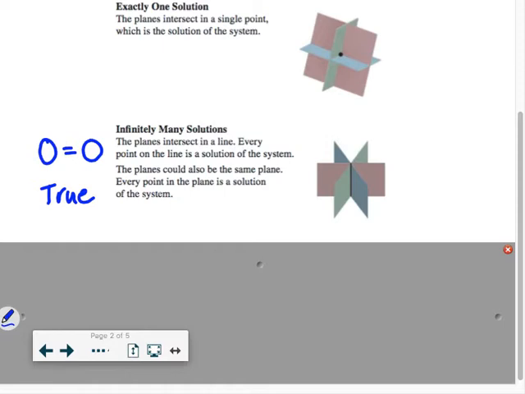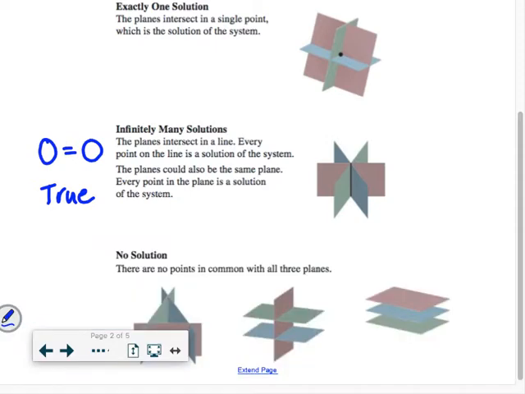And what's true if it's no solution? When there's no variables, so all your variables cancel out. It's really weird because you're like, what do I solve for now? Nothing. You're just looking at the numbers. No solution is 0 equals, I'm going to say 1 here.